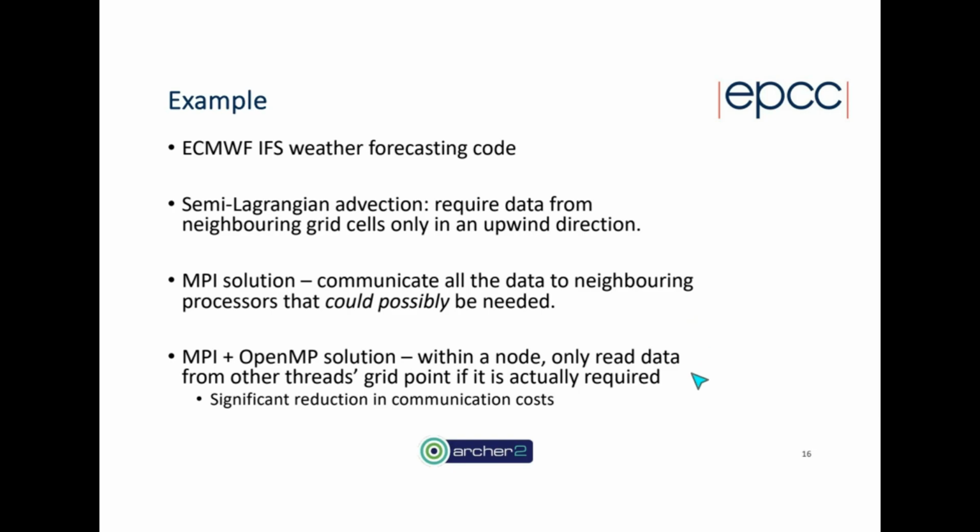Whereas if you do this with MPI and OpenMP, then at least within a node, or within an MPI process, you're only reading the data from other threads' grid points if it's actually required. And this can result in a significant reduction in the overall communication costs.